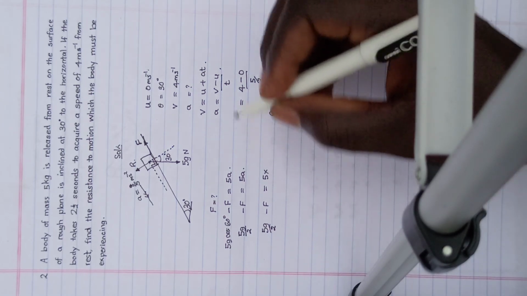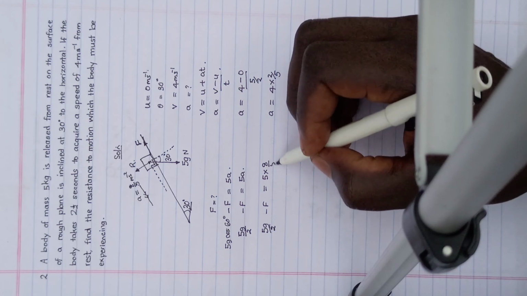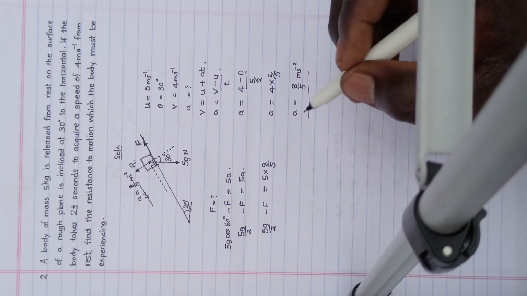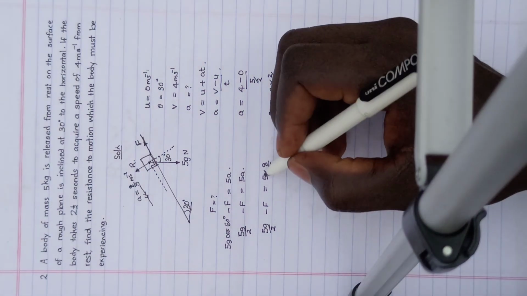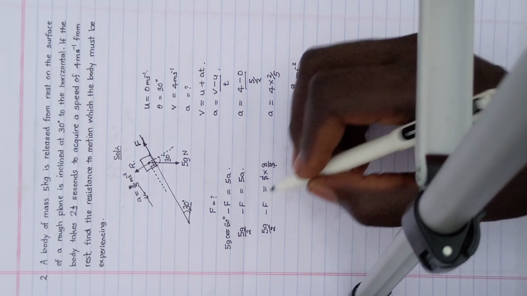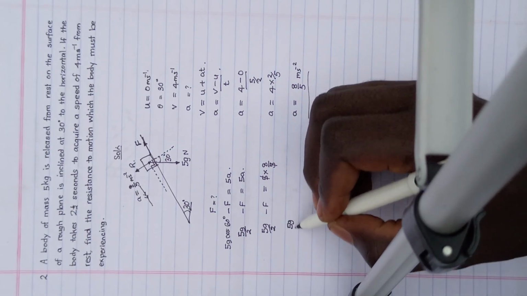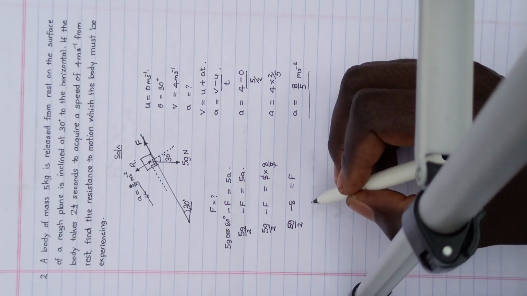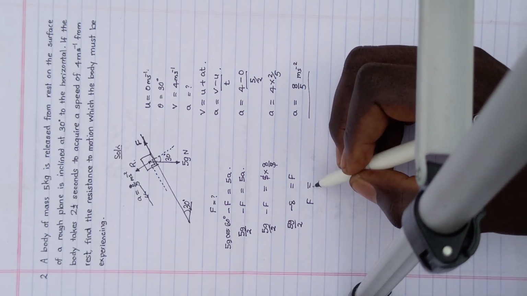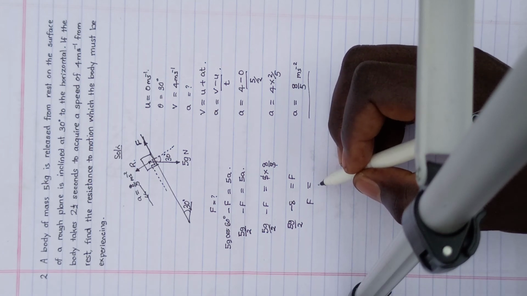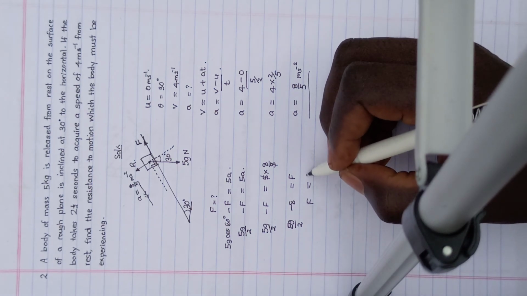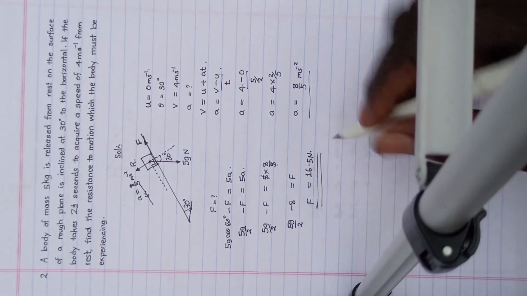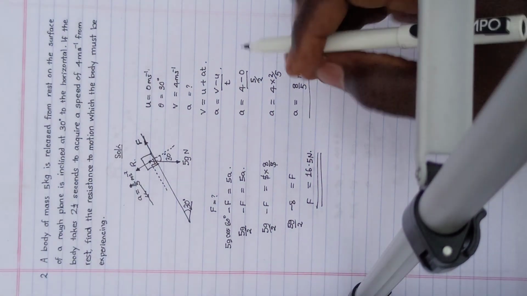Our value for a was 8 over 5, meaning the 5 goes off, and we bring this to the other side, so that we have 5g over 2 minus 8 equals F. So when you simplify this, you realize that the value for F becomes 16.5 newtons. Thank you very much. See you next time.